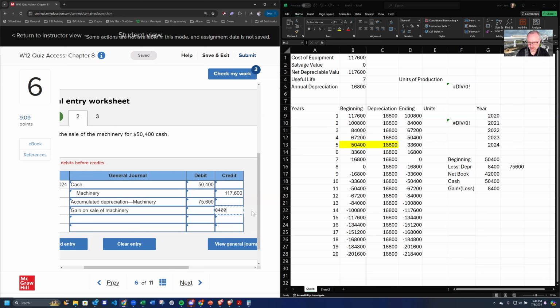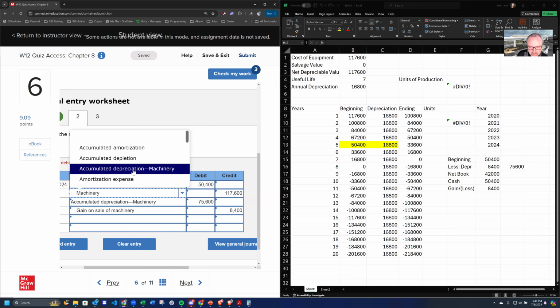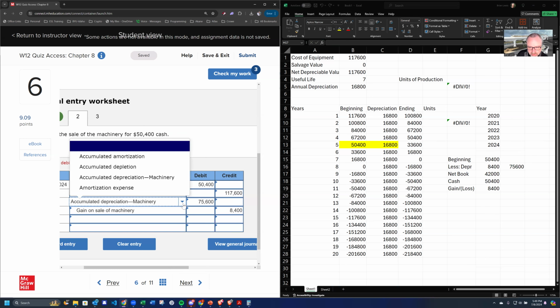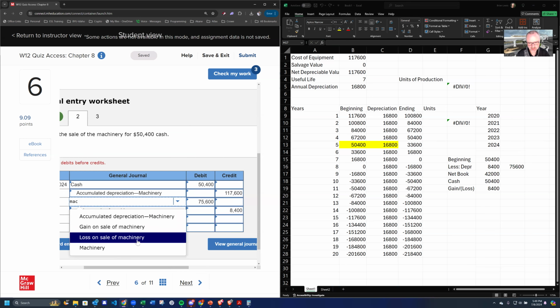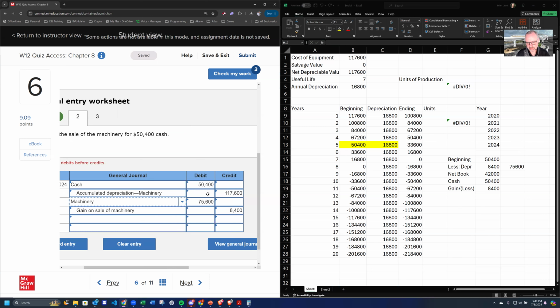Now, just to make sure that these all match, I'm probably not going to like how I have this, so let's change this around. Accumulated depreciation, machinery, and let's put this as machinery. So let's put this as 75,600 and this is 117,600. Now everything should be right.